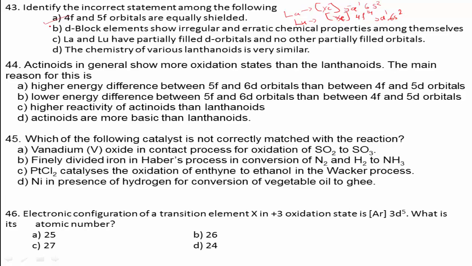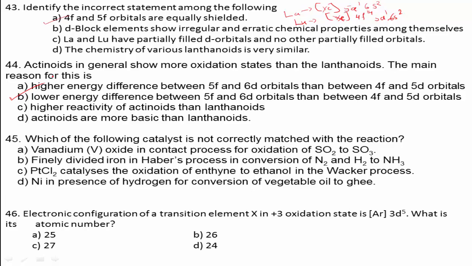Therefore, the correct answer for this question is option B. Actinoids in general show more oxidation states than lanthanoids. The main reason for this is the lower energy difference between 5f and 6d orbitals than between 4f and 5d orbitals.